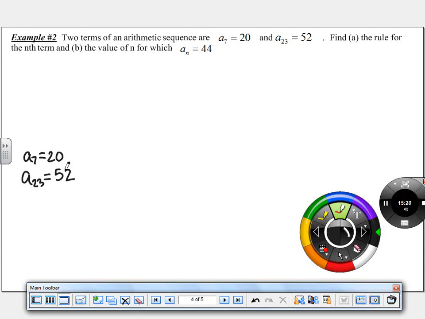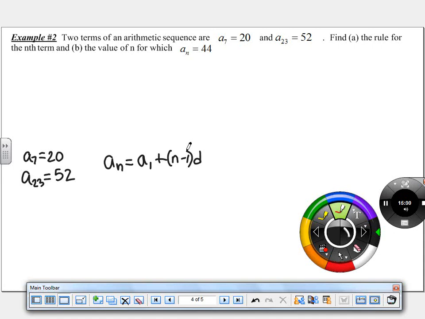And we know that if we want to write a rule, it says it's arithmetic, so we know it follows this pattern of using the first term, and then it uses the difference several times, exactly n minus 1 times for each term. So if we want to figure out what the rule is and we don't have the first term or the difference, there are some ways that we could just use our number sense and pattern sense, knowing that the 7th term is 20 and the 23rd term is 52, to figure out the missing pieces.